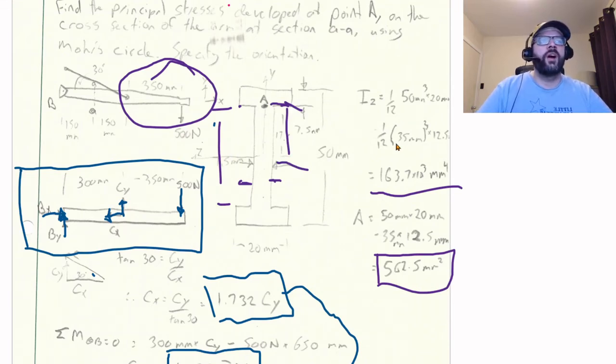Divided by our I of 163.7 times 10 to the 3 millimeters to the fourth.